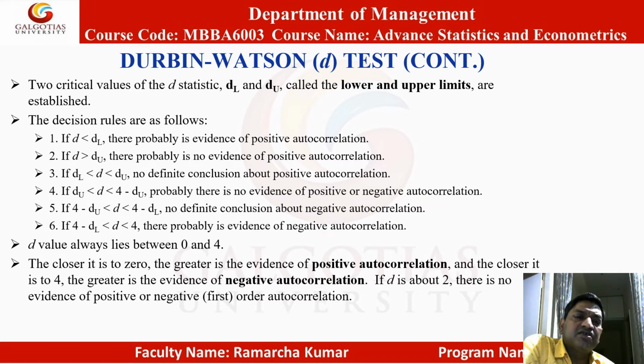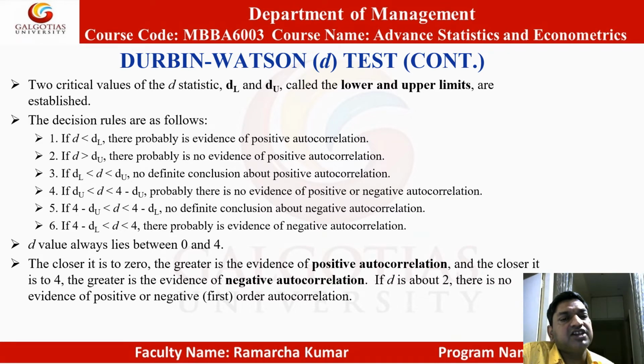If d is between dL and dU, no definite conclusion about positive autocorrelation. If d is greater than dU but less than 4 minus dU, probably there is no evidence of positive or negative autocorrelation. If d is greater than 4 minus dU and less than 4 minus dL, no definite conclusion about negative autocorrelation. If d is greater than 4 minus dL and less than 4, there probably is evidence of negative autocorrelation.